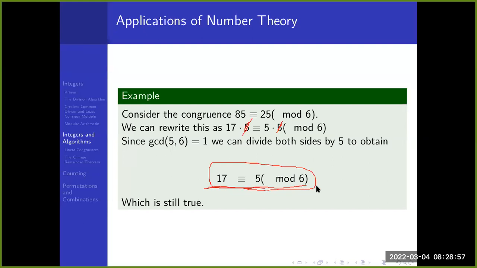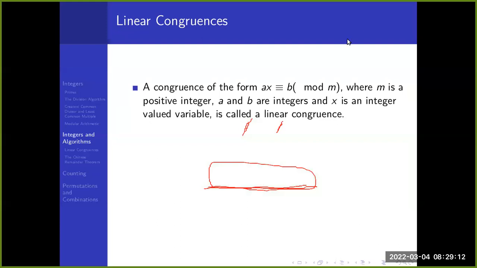So this is true. 17 is congruent to 5 modulo 6. So this gives you an example where we have applied that theorem, and we're able to see that it's possible to cancel.